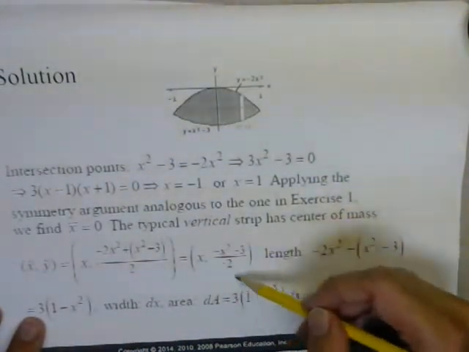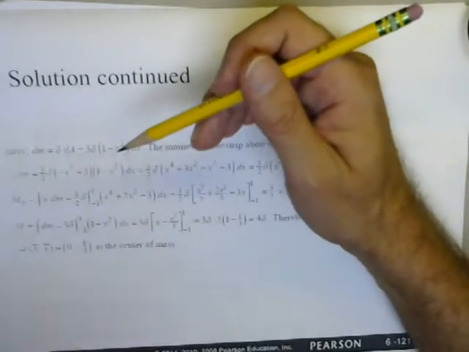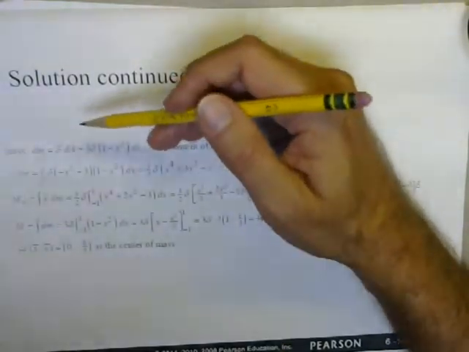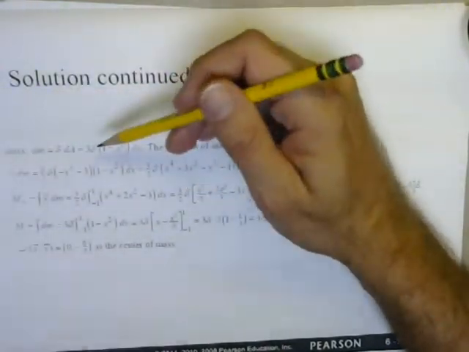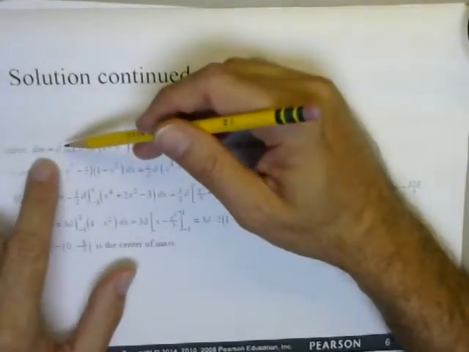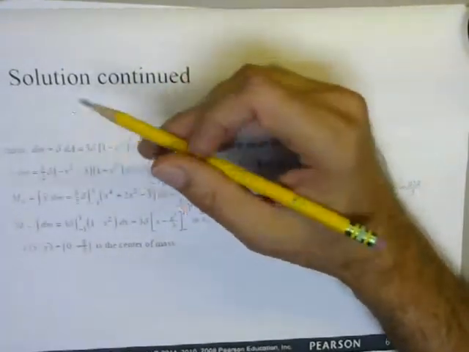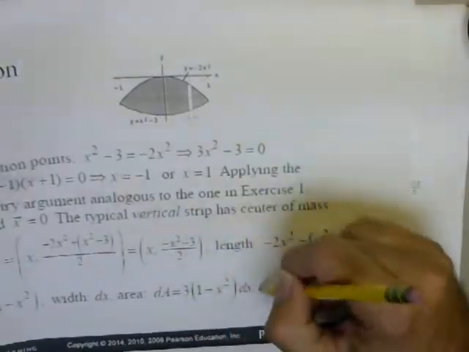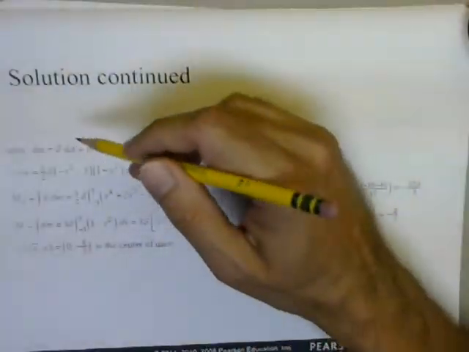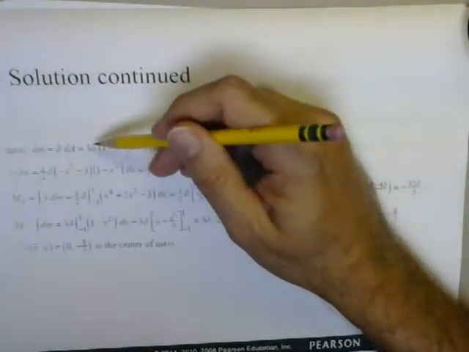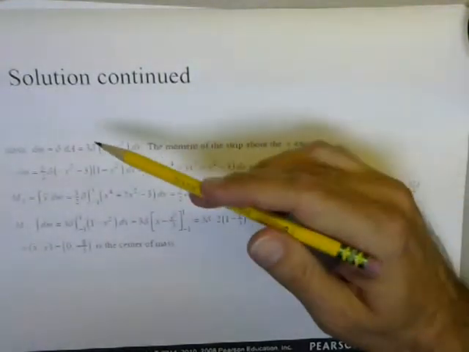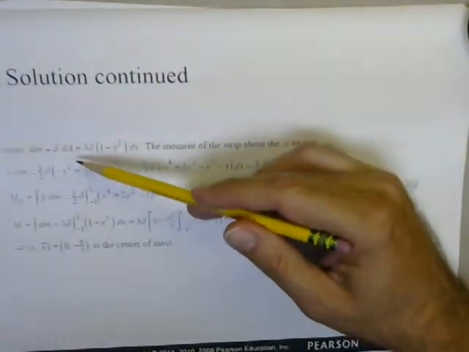And then we have to multiply it times the length of the lever arm. And then we don't know what the density is, so let's just call it delta for density. So the mass, again, is given by the area, which is given by this, times delta. And the moment of the strip, again, is given by that.